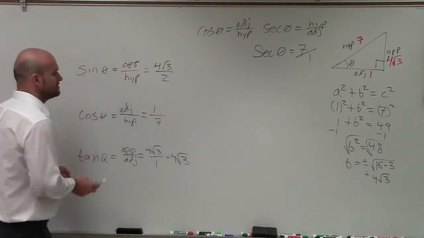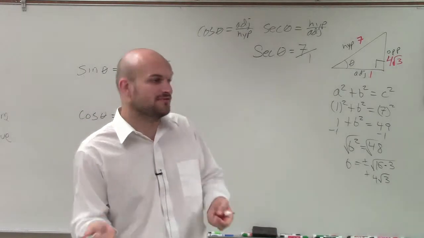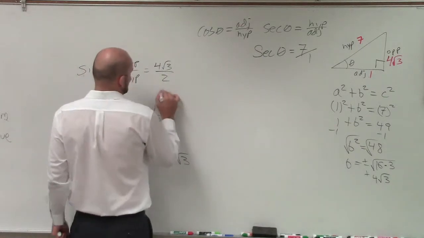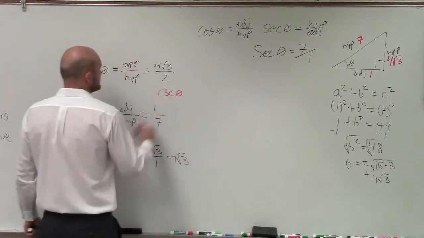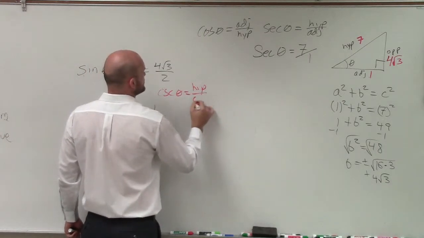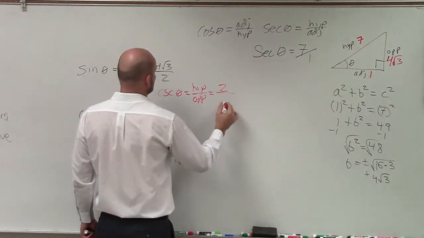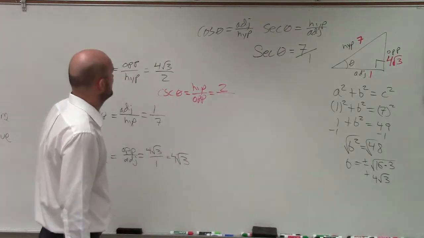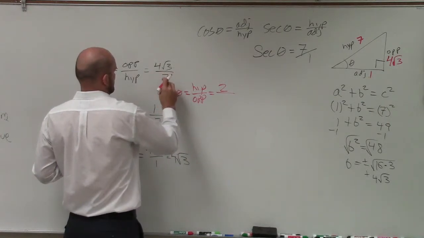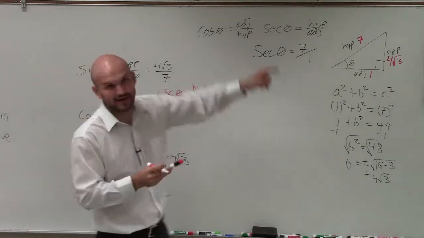All right, so now what I'm going to do in the red, I'm going to do the reciprocal functions. Now remember, the reciprocal functions are just the reciprocal of each one of these. So we have cosecant of theta, which is just a reciprocal of opposite over hypotenuse. So that's going to be hypotenuse over opposite. Sorry, 7 is your hypotenuse, right?